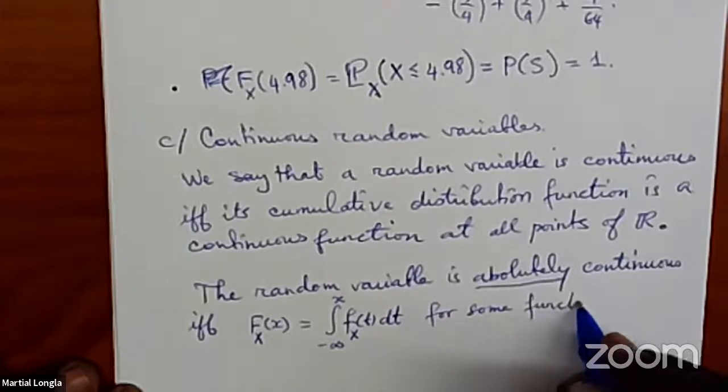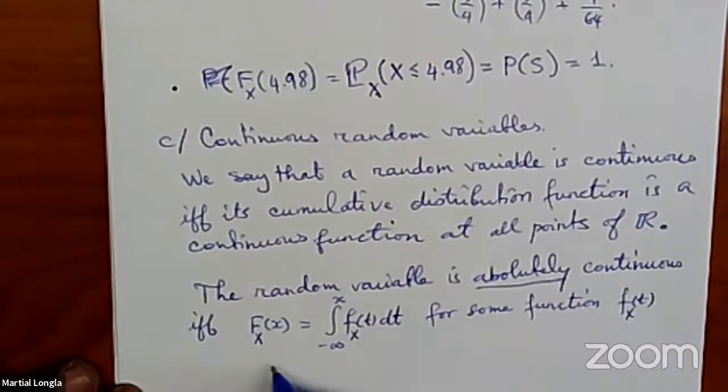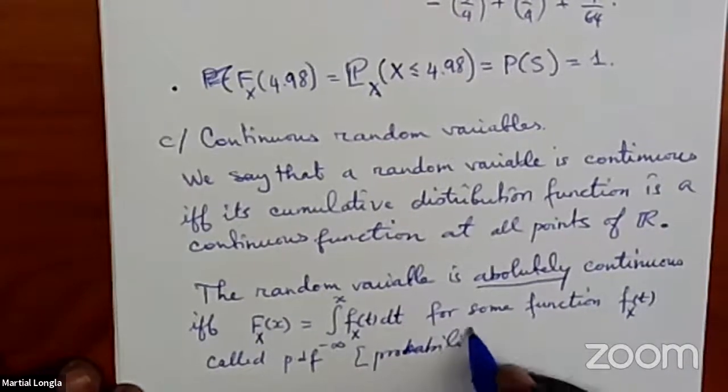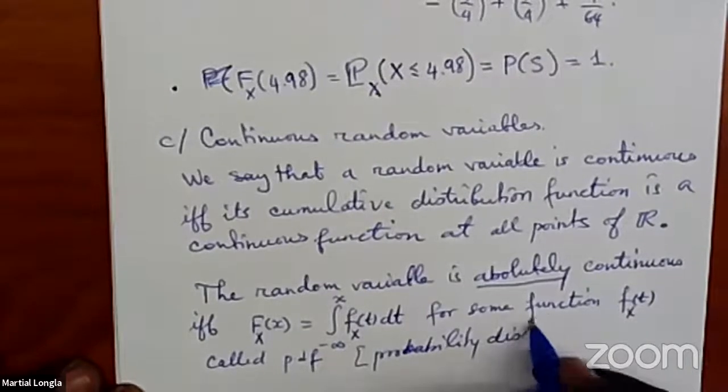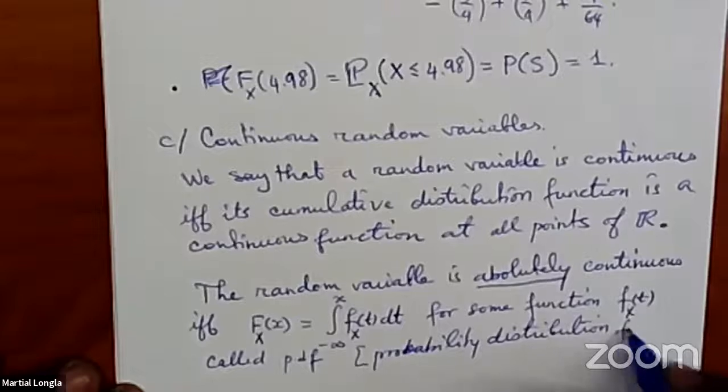for some function f_X of t called the PDF, which is the probability distribution function.